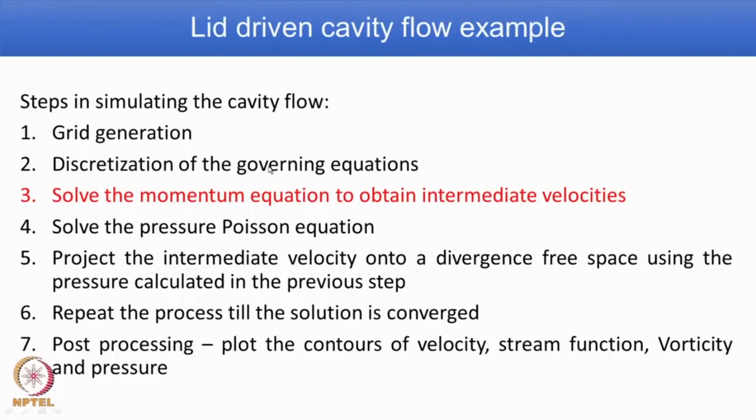We started with the u momentum equation, in which we had the diffusion term explained in the last module. In this module, we will focus further on the u momentum equation, considering the convection term, and then extend this procedure to the next momentum equation, that is the v momentum equation.